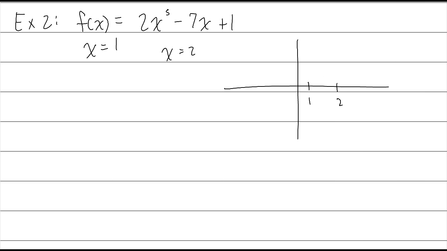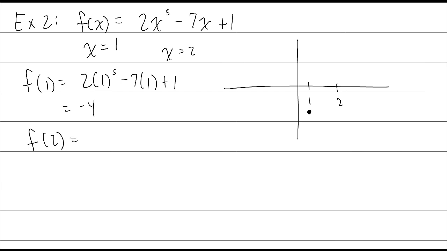Well, I'll use the intermediate value theorem. I'll plug in 1. 2 times 1 to the 5th minus 7 times 1 plus 1. Type that in the calculator, I get -4. So I'll plot that. It's around here somewhere. Let's plug in 2. 2 times 2 to the 5th minus 7 times 2 plus 1. That's going to be a 51, a positive number. So we have something way up there.